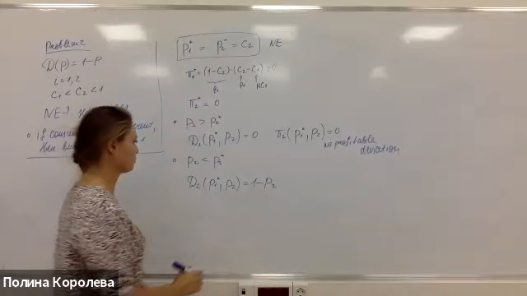So the demand will be 1 minus the price of this second firm.